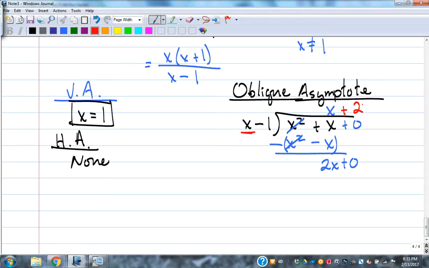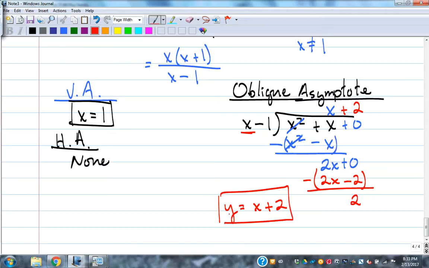So plus 2 out there. That's 2x minus 2, subtract. The remainder is a 2. The part we care about is the x plus 2. The oblique asymptote will be y equals x plus 2. That's our oblique.